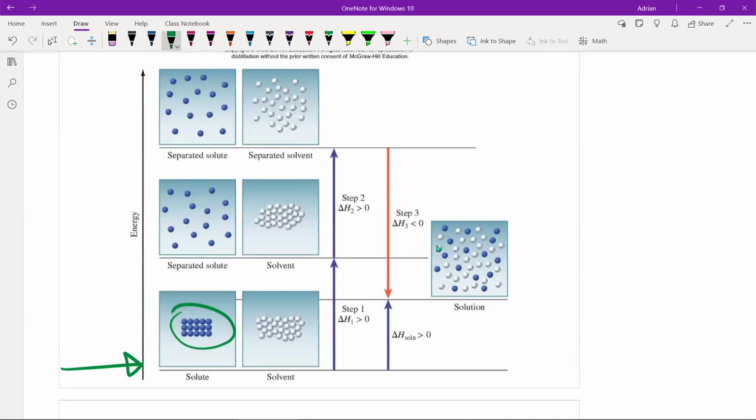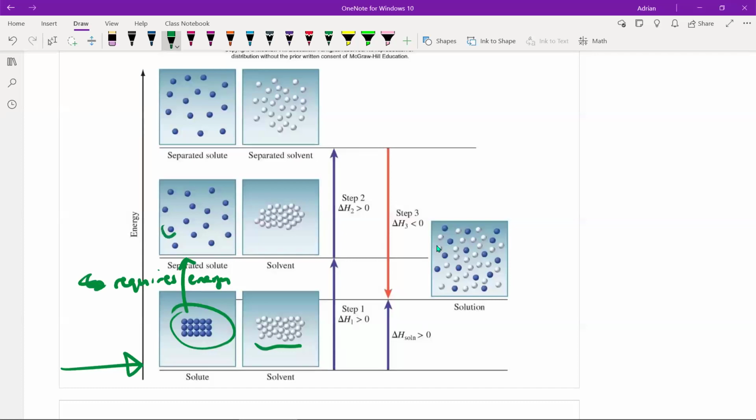In this case, it might be ionic interactions. We have our solvent here, again pure solvent, with intermolecular forces of attraction. We first of all need to separate the solute particles from each other. That is going to cost energy, or requires energy, as we talked about before.